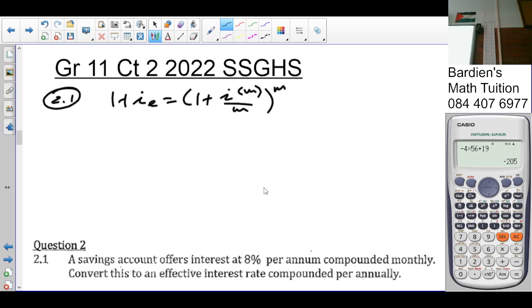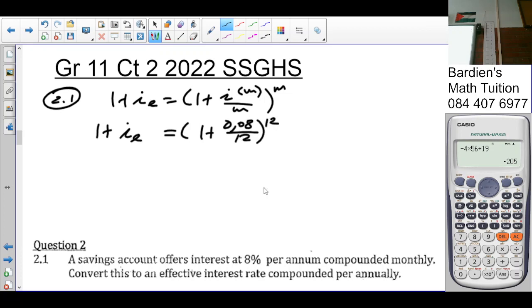So 8% per annum compounded monthly. So that's going to be 1 plus 0.08 over 12, the exponent 12.